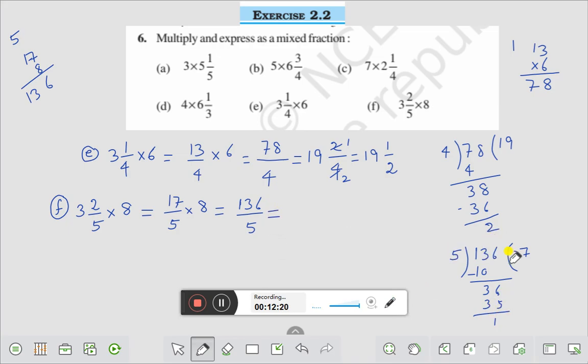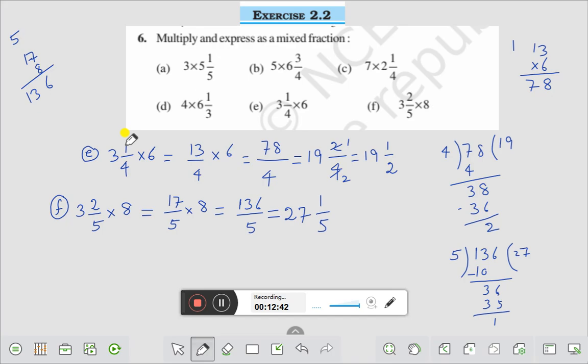Therefore, we are getting the quotient is 27, remainder is 1 and divisor is 5. This is the answer, 27 whole 1 by 5, right?